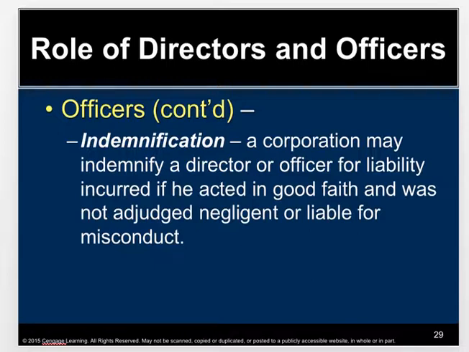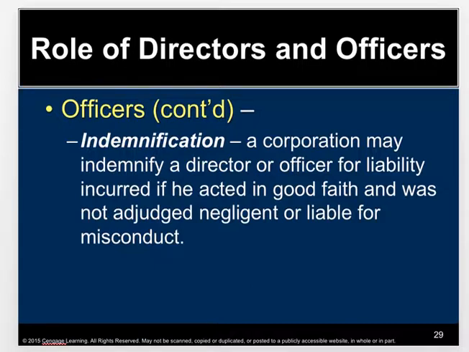Which again, if you think about it, it also makes sense, right? I mean, if I'm not a guilty party, if I didn't do anything wrong, why should I have to come out of pocket when I was really acting? If we go back to agency law, officers are acting on behalf of the corporation. So all the actions that I took were really on behalf of the corporation. They weren't my decisions. I wasn't making decisions on my own.